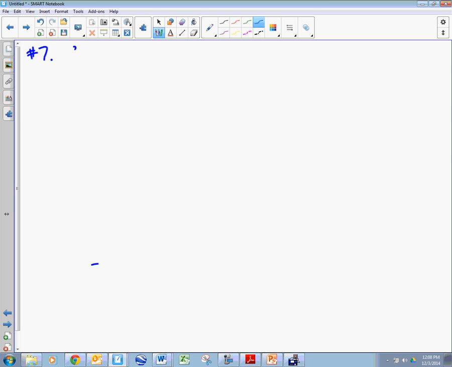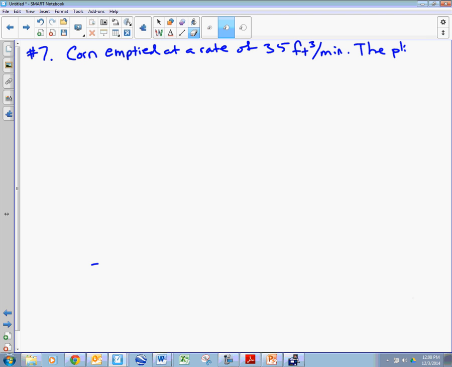This isn't your notes. Corn is being emptied at a rate of 35 cubic feet per minute. The pile makes a cone, and we're gonna change this, okay?